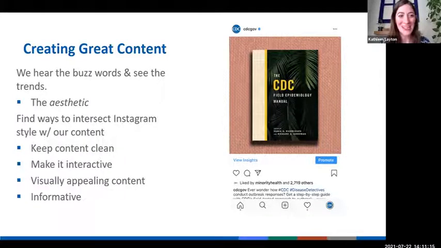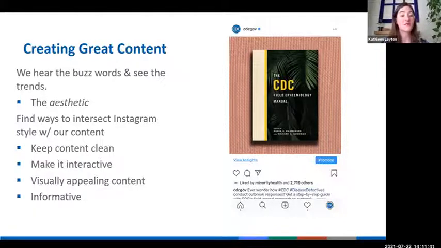Finding your aesthetic is basically just the overall creative direction that you want your content to share. It's a linking factor. It can be as specific or diverse as you need for your brand. For CDC.gov, we have such a diverse range of topics to cover that we really just focus on clean, clear content that's timely, informative, and eye-catching.